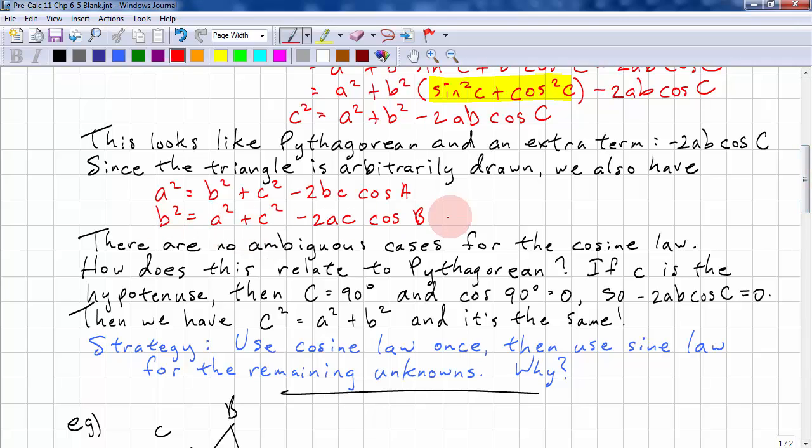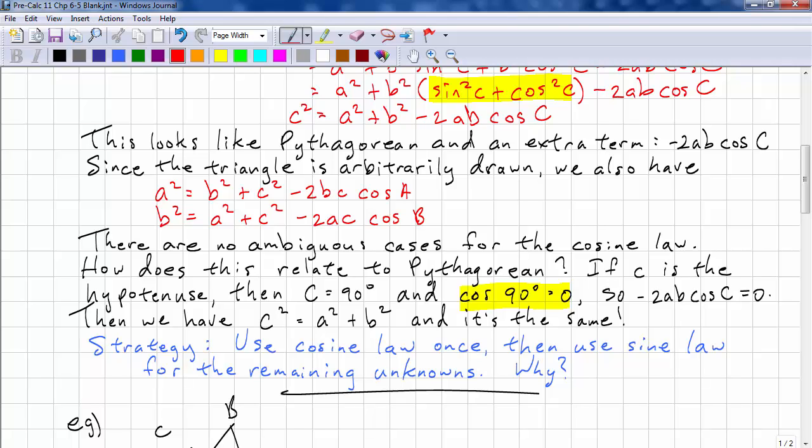However, it is a little bit lengthier and a little bit harder to remember than the sine law. Now, if we look at, say, the angle A here, if this is 90 degrees, cos of 90 degrees is 0. So this whole term becomes 0, and we have the regular Pythagorean formula.